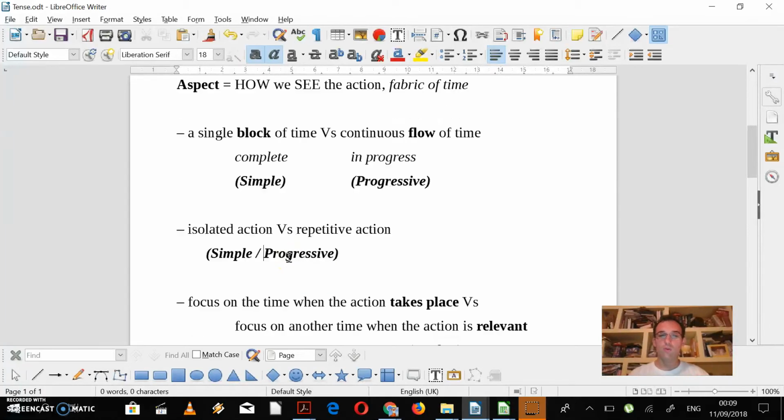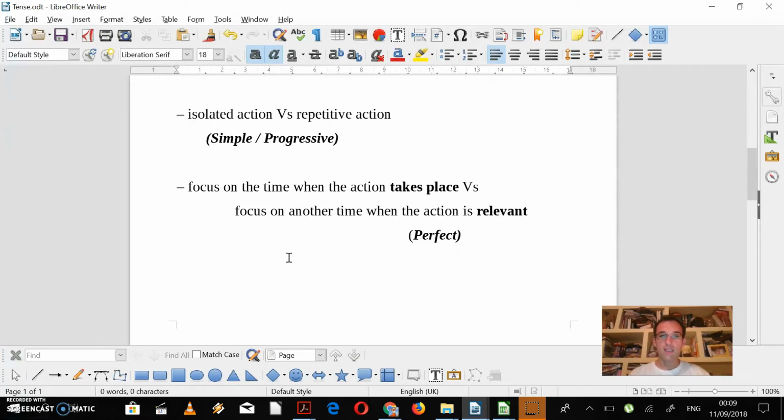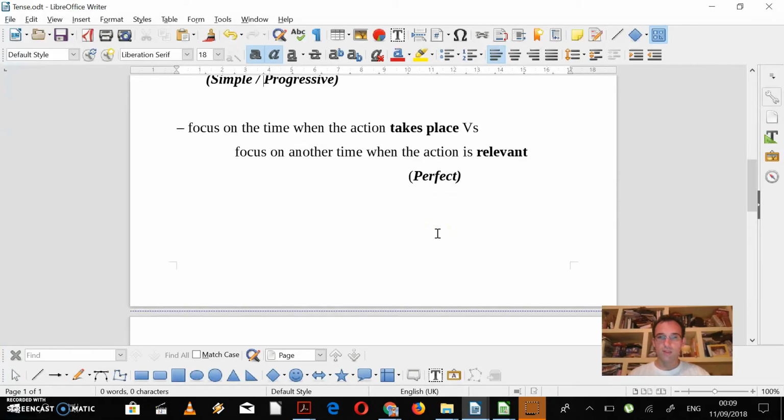Okay, and now what might be the most challenging for people, for learners, Croatian learners of English, is when we put perfect into the picture. Perfect tenses. Tenses which don't have perfect in the name, we here focus on the time when the action takes place. So if it's the present simple, then the action takes place in present, right?